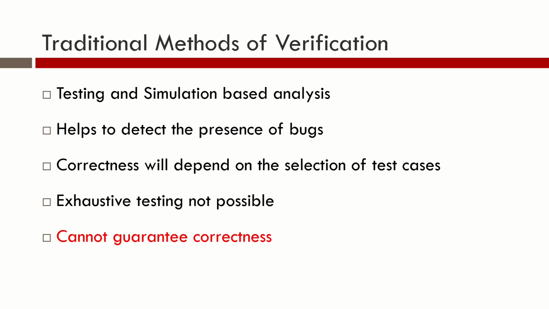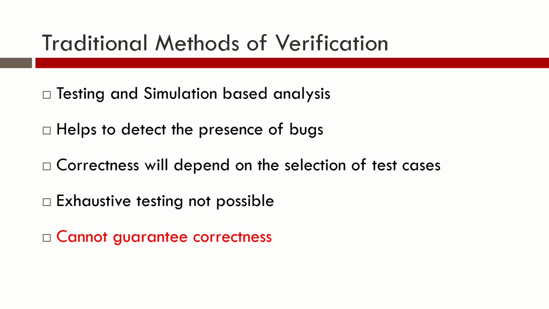Now when we consider the traditional methods of verification, they are testing and simulation based analysis. When you consider testing, what we do is we select some test cases or certain scenarios and we test those scenarios.